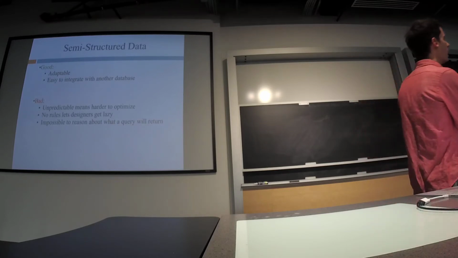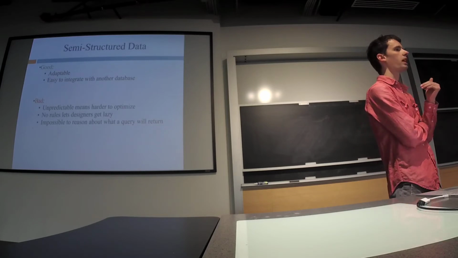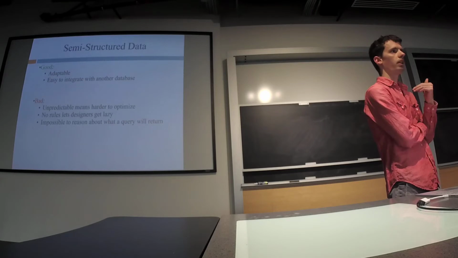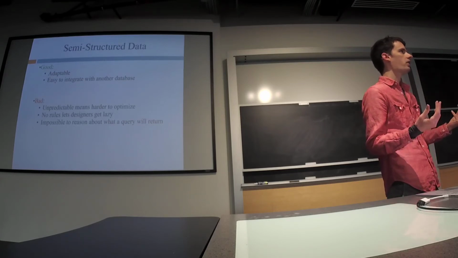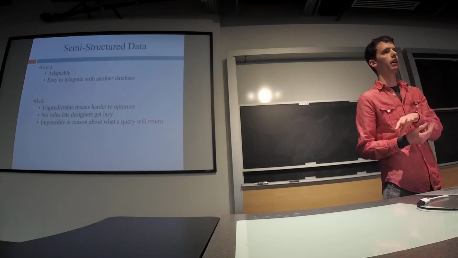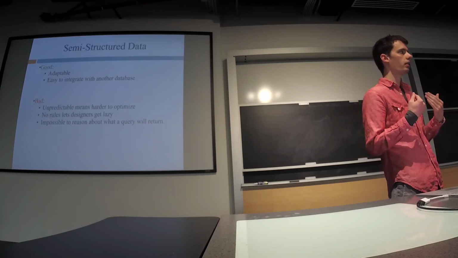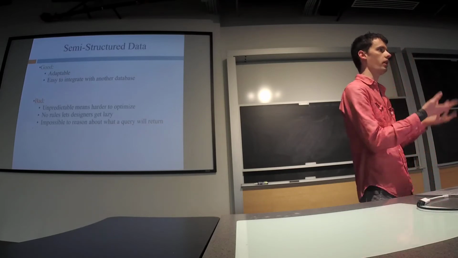The strongest negative consequence of this is it's impossible to reason about the kinds of queries you can do. With a relational model with structured tables, if I just gave you that there are X students and Y classes, and I gave you some join command, you could tell me how many rows are in the result, like if it was a natural join.